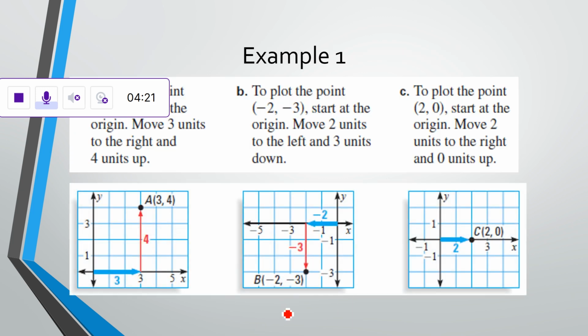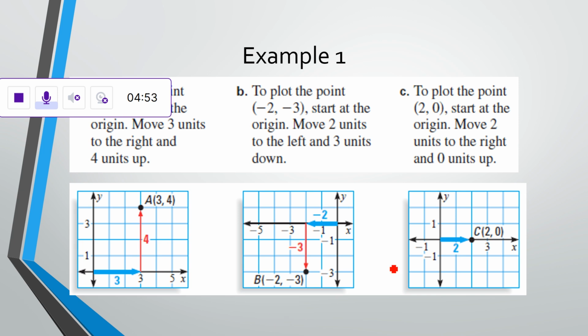So for example, to plot letter A, the point 3, 4, we first move 3 units to the right, the positive x direction. And to get to where 4 is, we move 4 units up. If we're going in the positive x direction, we're moving to the right side. If we're going in the negative x direction, we're going to the left side.